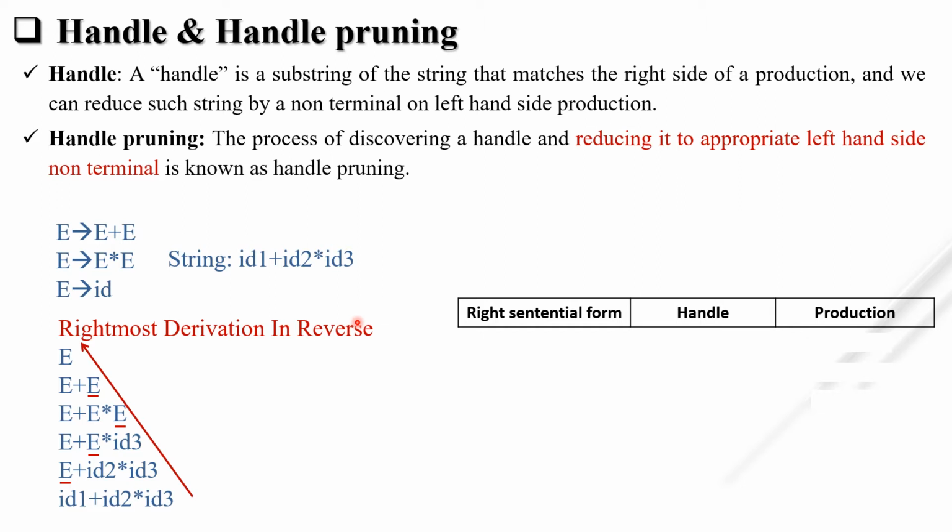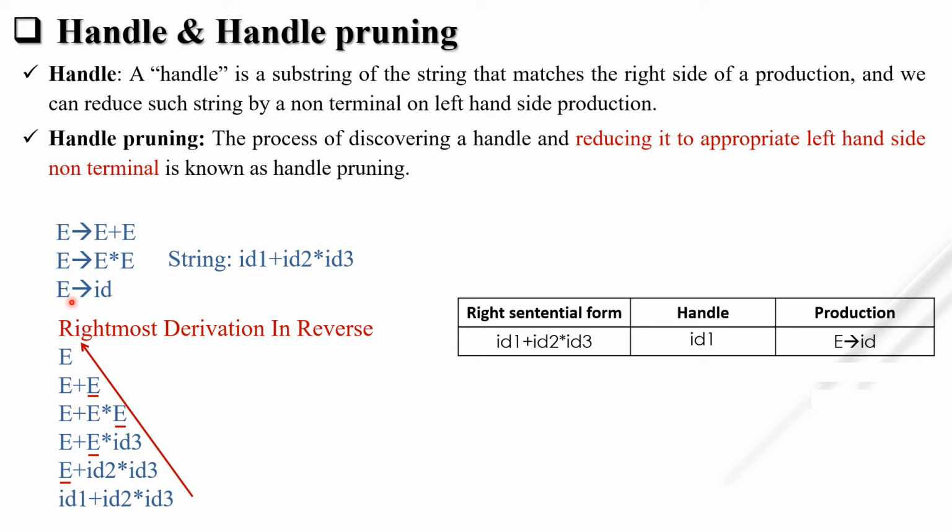So let's solve with the help of bottom-up parsing. Our string is id1 plus id2 into id3. What is the first handle here? id1 is the first handle because id1 can be replaced with E. So when we reduce this id1 with E, it is known as handle pruning.